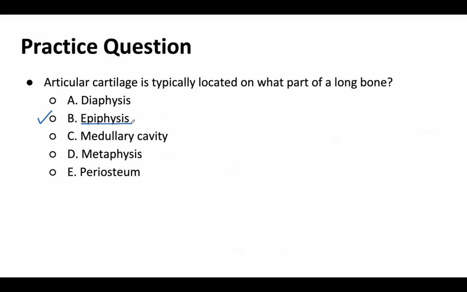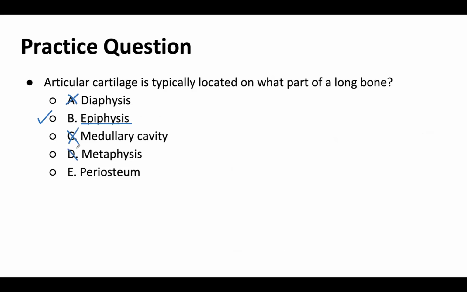Articular cartilage covers the ends of a long bone, and that's particularly true when there is joint formation, and we know that the ends of a long bone are the epiphyses, typically at those proximal and distal ends. The diaphysis isn't correct. That's going to be the body or shaft of the long bone, so no articular cartilage there. The medullary cavity is within the diaphysis, so again, incorrect.